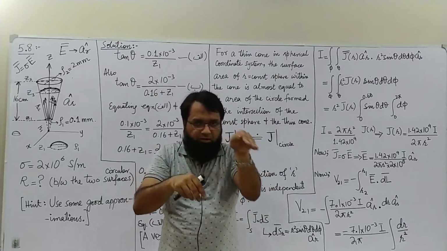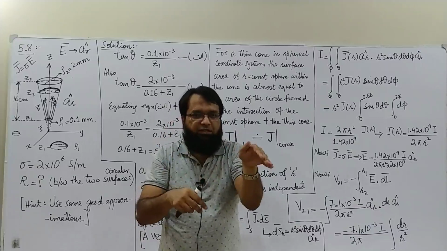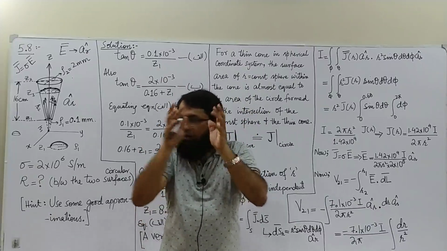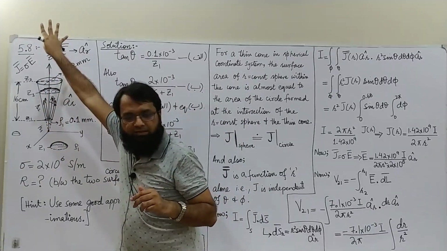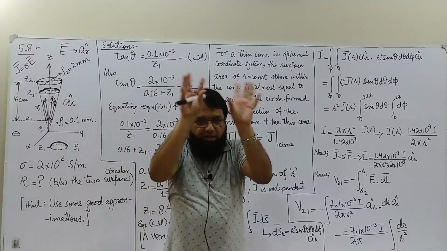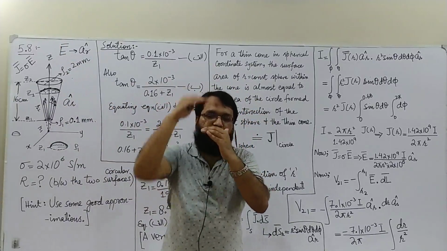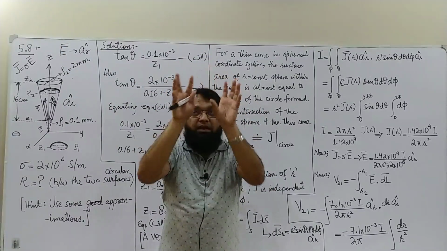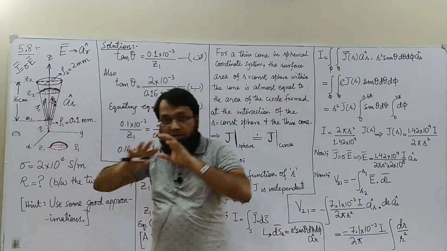As long as you are on that sphere, the area which is seen by the current flowing towards higher levels will not change unless you change the value of R. If you increase the value of R, the current flowing through this cone will experience a larger area.